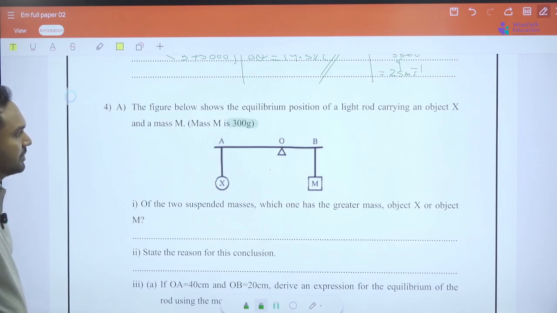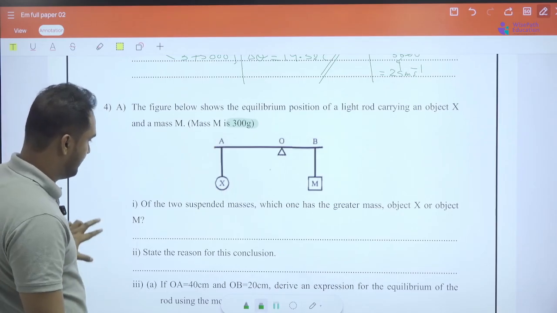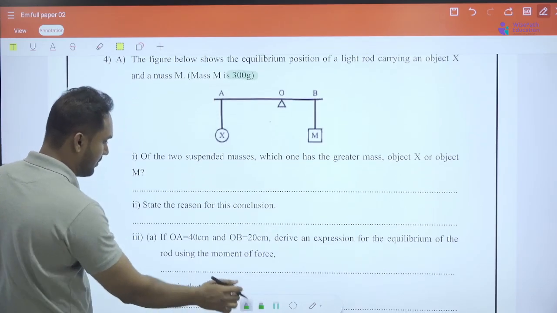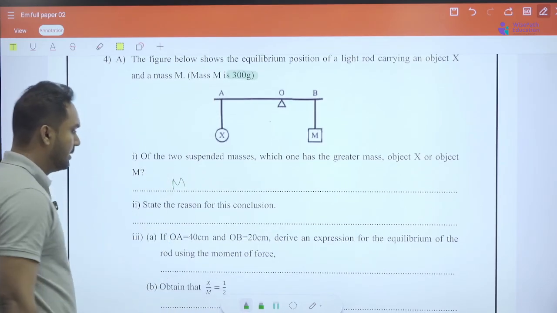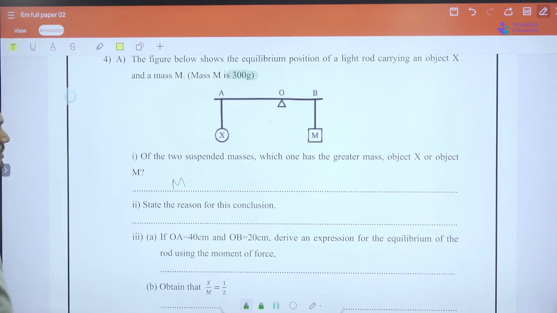The one with the shorter distance has to have the greater mass, right? So it should be M. State the reason for the conclusion. That is the reason. The one with the shorter distance has to have the greater mass to even the torques, right? To balance the torques.